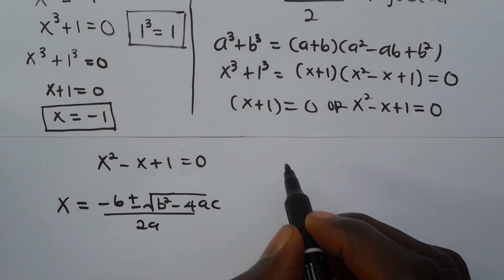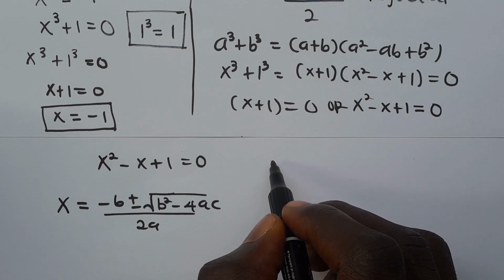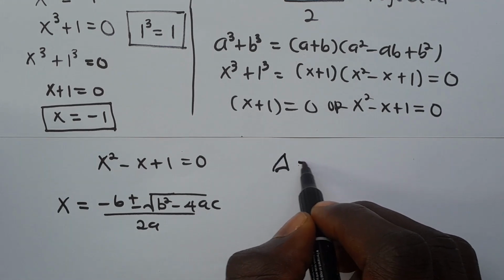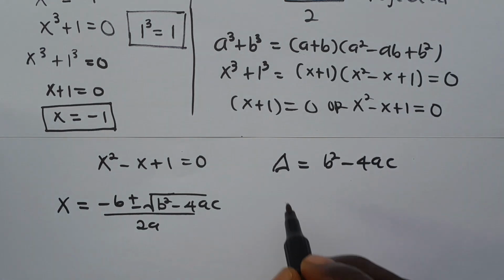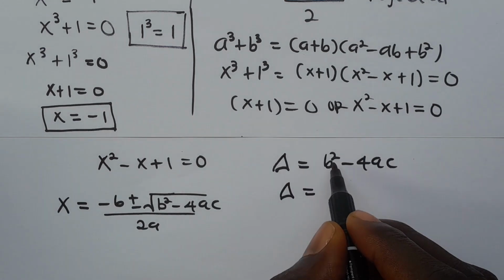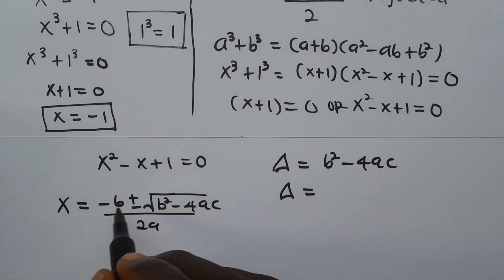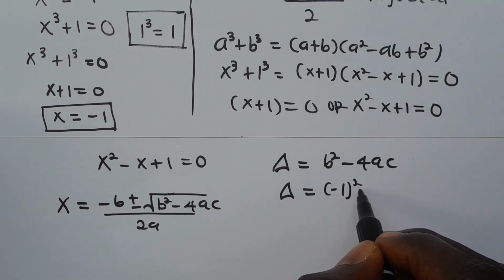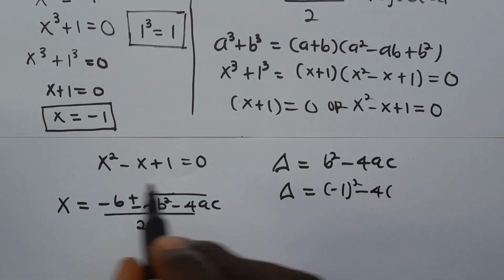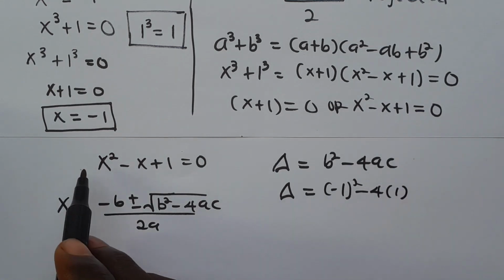Now, from here, let's test for d, that equals b squared minus 4ac. And we substitute our b equals minus 1. Then minus 1 squared will be equals 1, minus 4 into bracket of 1 into bracket of 1.